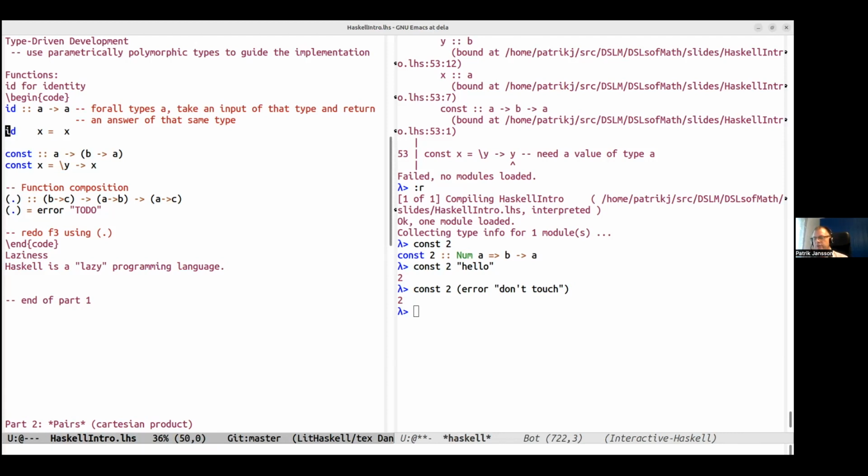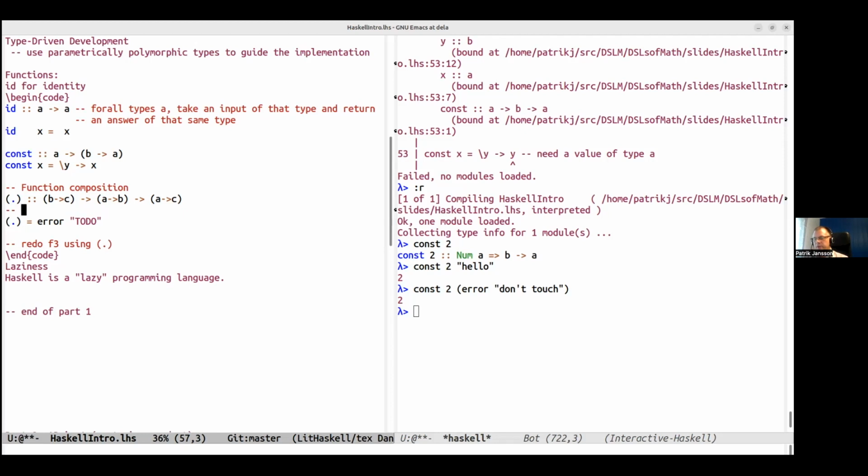Okay, so these functions are sort of boring functions, id and const, and this dot, which stands for function composition, is actually a really useful tool. And it has a little bit more complicated type. First we can dig into the type a little bit by erasing some parts. So there is something to something to something. It has 2 arguments, and then returns something else.